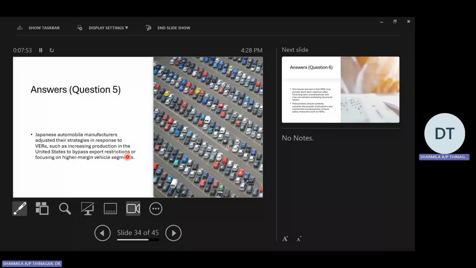But if they open their industry in the US itself and produce over there, they can reduce the export restrictions. Even though it's a Japanese car, I'm producing in the US. So that is why they say to bypass the export restrictions or to focus on higher margin vehicle segmentations. So you can think about strategy, how to overcome this.